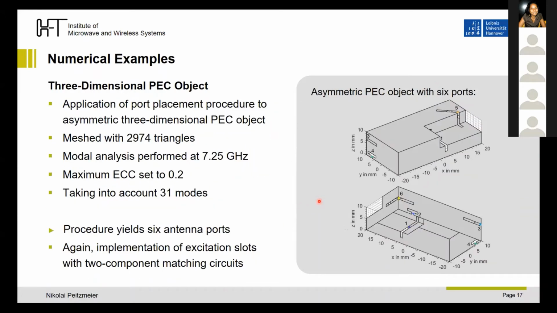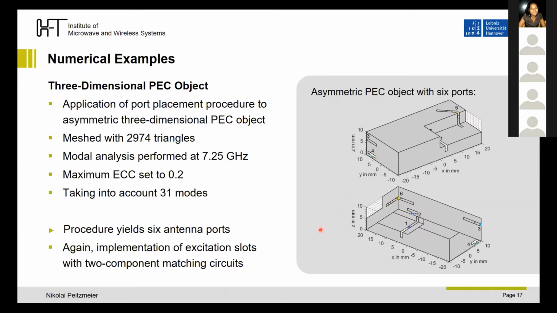In order to corroborate this, we can have a look at a more complex 3-dimensional object with some asymmetry introduced here. The setup is basically the same, and our procedure yields, in this case, 6 antenna ports, and we have directly applied here these excitation slots as shown here.